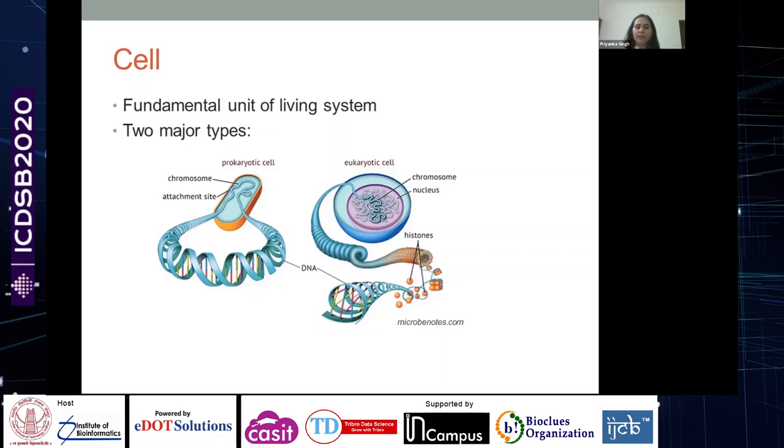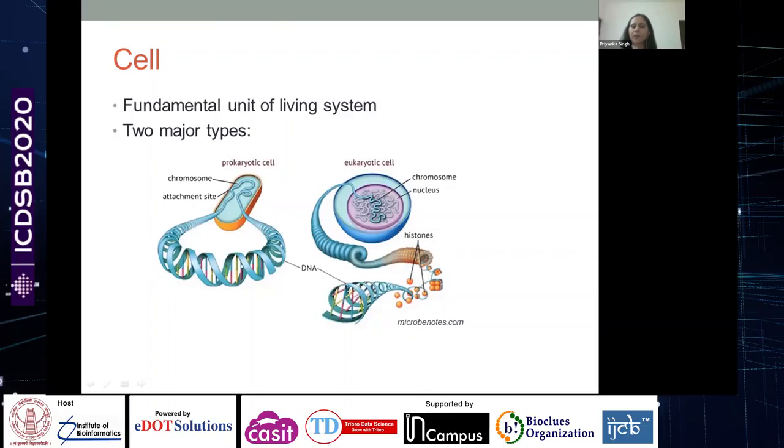The main difference between the two is that the genetic material, which is called DNA, is present inside the cytoplasm in prokaryotes, whereas in eukaryotes it is present inside a membrane-bound organelle called the nucleus. There are, of course, differences in the way the DNA is packed.